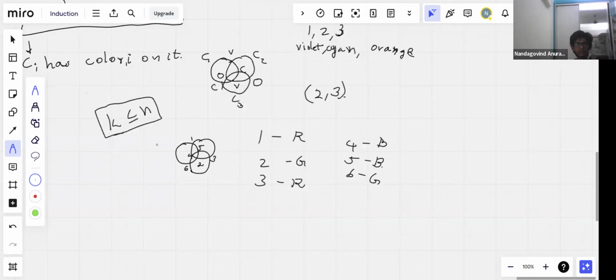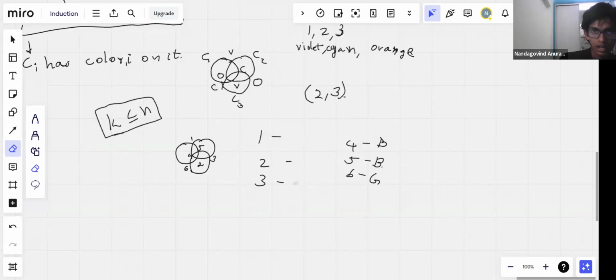The generalization actually looks very similar to this. The idea is that we replace red, green, and blue as such. You had red here, so that's one, and 1 and 3 had the same color, right?